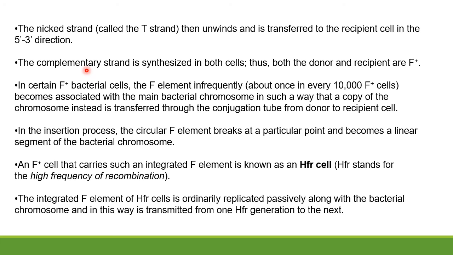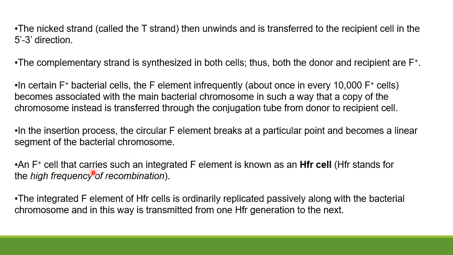In certain F plus bacterial cells, the F element infrequently becomes associated with the main bacterial chromosome. This is in some cases. In such a way, a copy of the chromosome instead is transferred through the conjugation tube from the donor to the recipient. This happens about once in every 10,000 F plus cells. In the insertion process, the circular F element breaks at a particular point and becomes a linear segment of the bacterial chromosome.